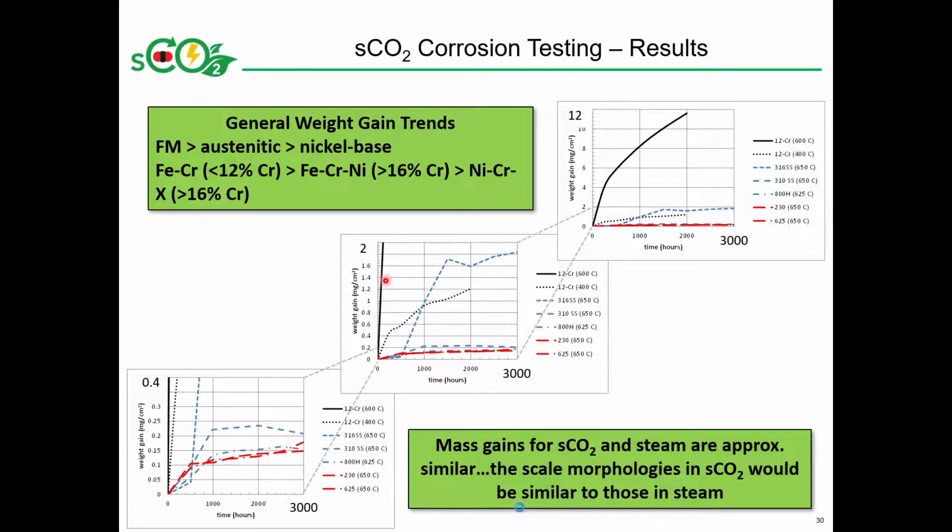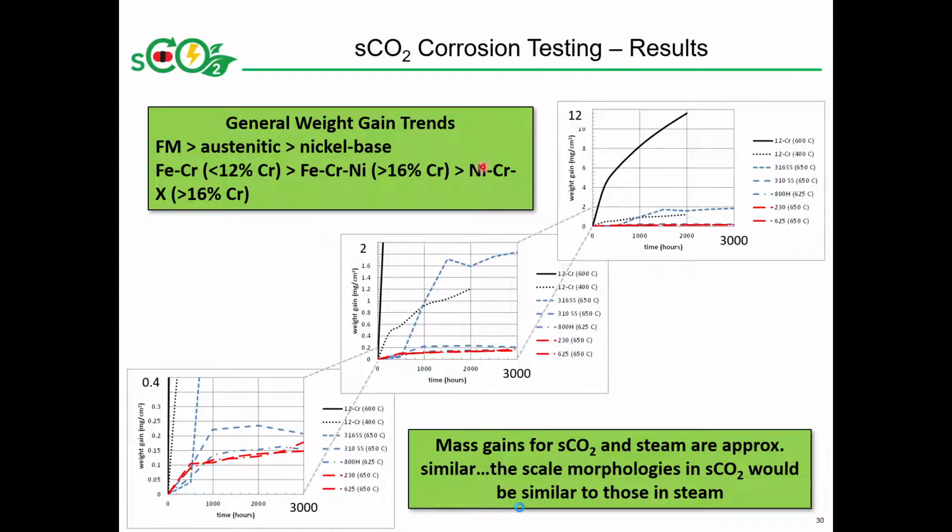I won't get into all the details, but very generally, ferritic martensitic steels gain more weight than austenitic steels, which gain more weight than nickel-based alloys. So essentially, the more chromium you have, or the more nickel and chromium you have, the more corrosion resistant your materials will be. Nothing too terribly surprising there.